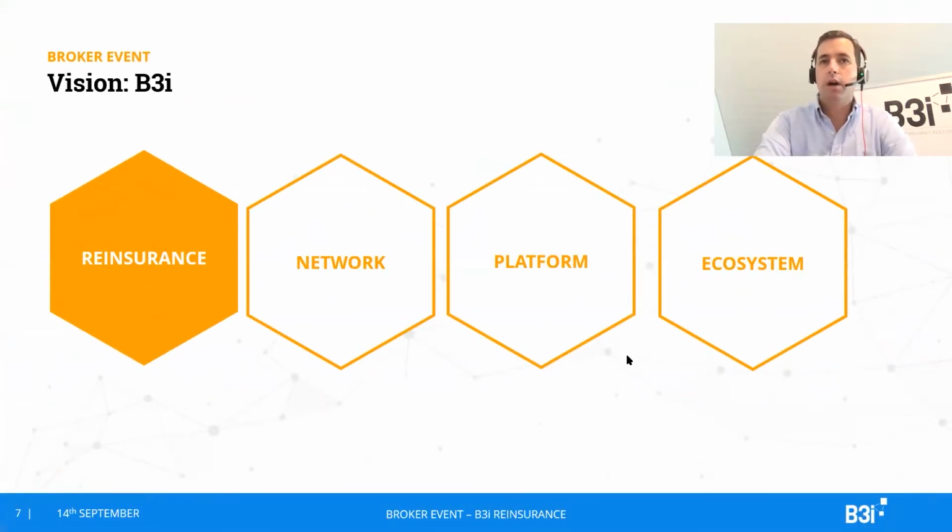So today we talk about B3i Re, the reinsurance application formerly known as CAT excess of loss, but it's important to also understand B3i's vision around the platform, network, and ecosystem. We've been working to establish physical infrastructure set up in customer production environments. We've been building these building blocks, standards, and data protocols, something we call the risk transfer language, upon which all of our applications are built, which we enable third parties to build on top of.